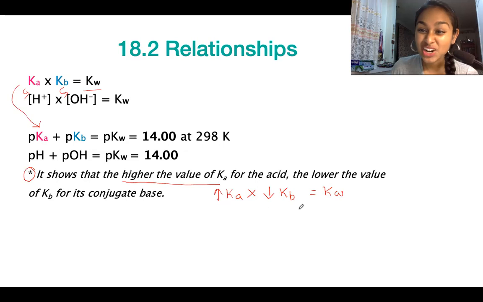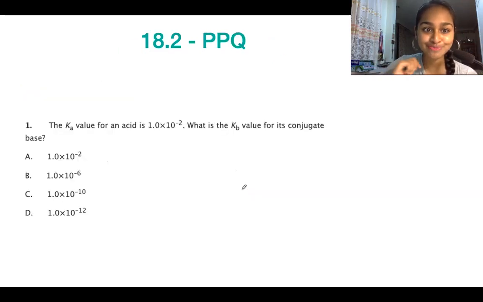So this means that a conjugate base will be weaker than the acid and vice versa. So the conjugate acid will be weaker than the base. So that's why these relationships are crucial.